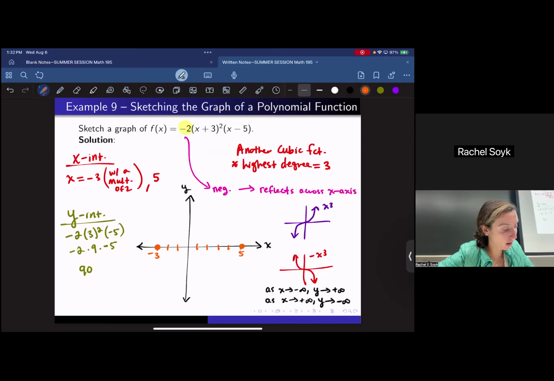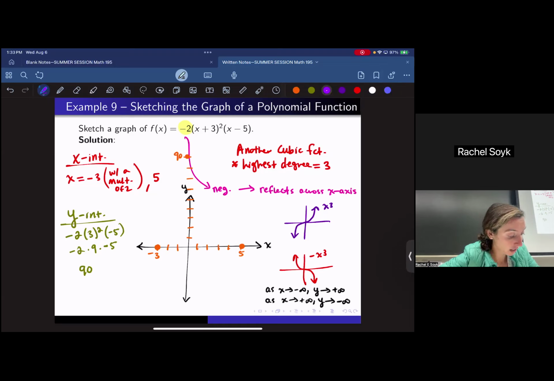And then our y-intercept, I guess I'm going to go up by 10s: 10, 20, 30, 40, 60, 70, 80, 90. And at that -3, it's gonna bounce off the x-axis because we have that multiplicity of 2 there.